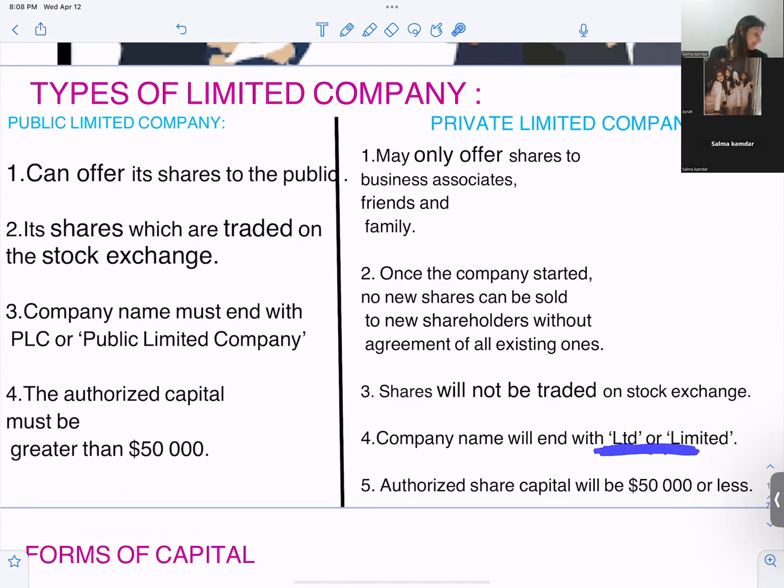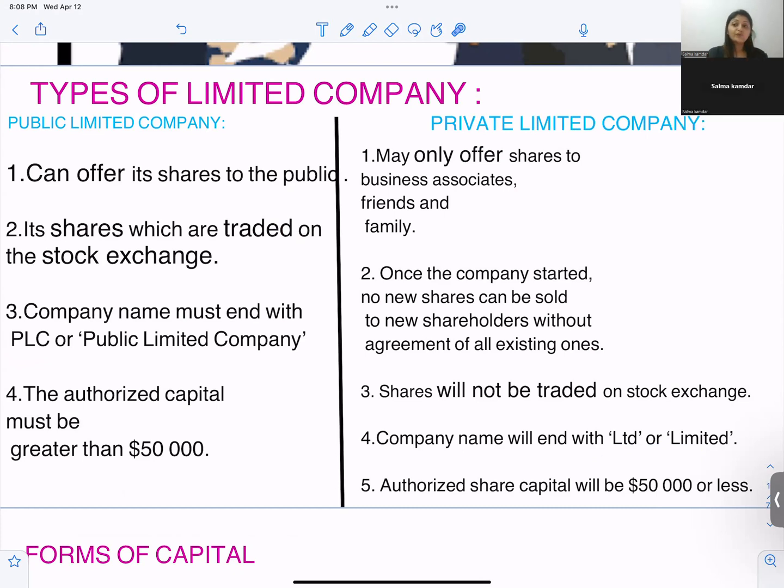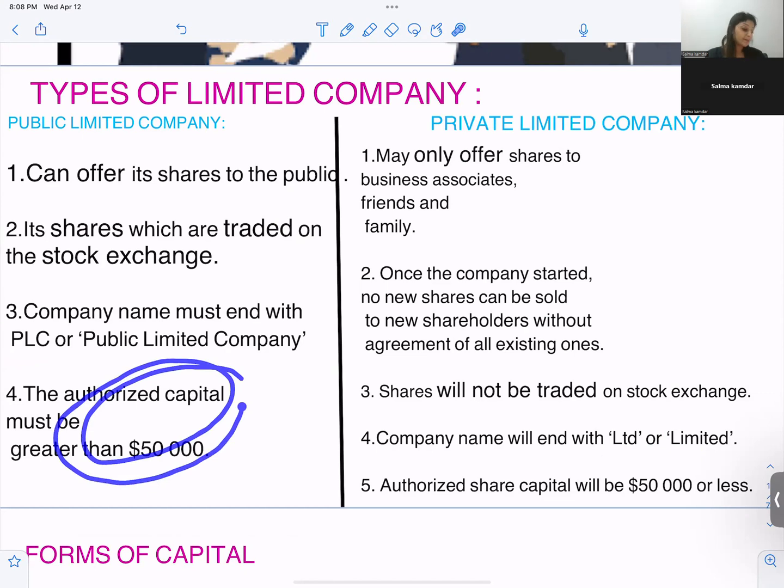And public limited company will end with PLC. Okay. What else? For a public limited company, the authorized share capital must be greater than 50,000. But for a private limited company, the authorized share capital will be less than 50,000.